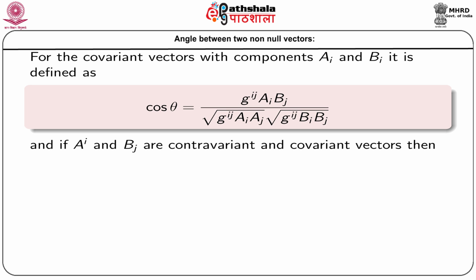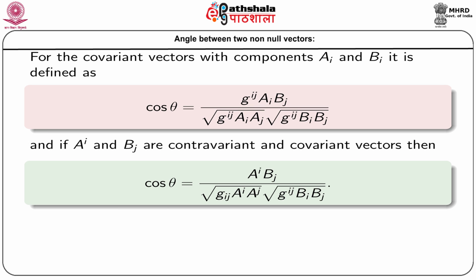And if a^i are the components of a contravariant vector and b_j are the components of a covariant vector, then cos theta can be defined in the following way: a^i b_j divided by root over g_{ij} a^i a^j into root over g^{ij} b_i b_j.